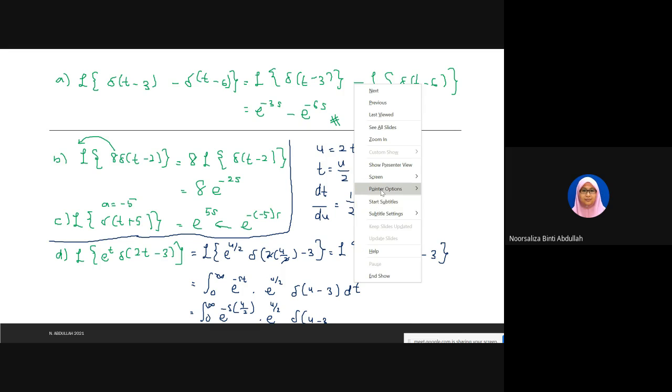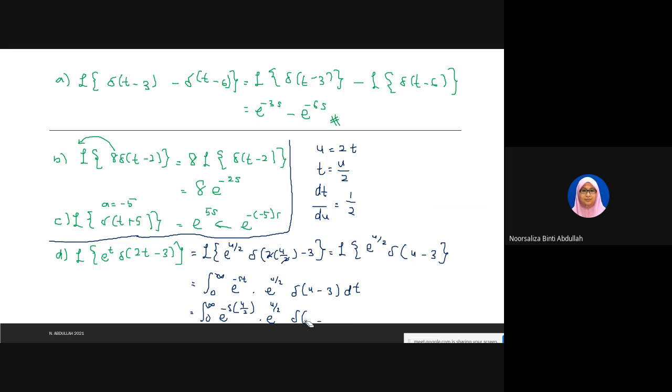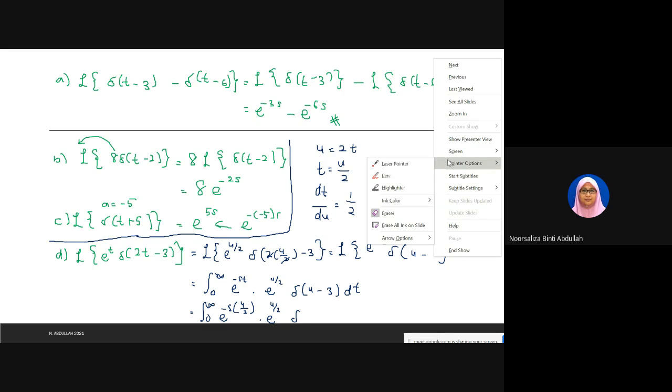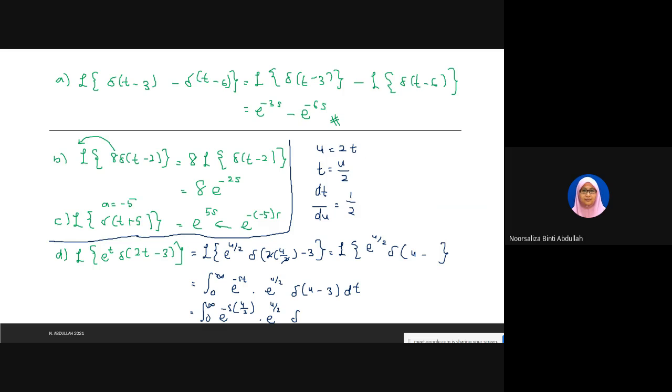And dt we replace: dt equals 1 over 2 du. Up to this one, do you understand?